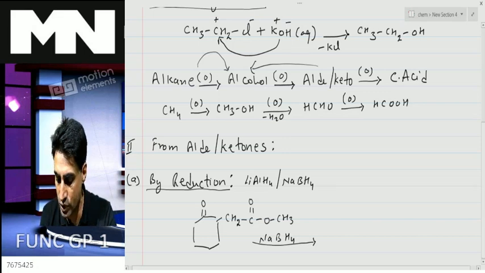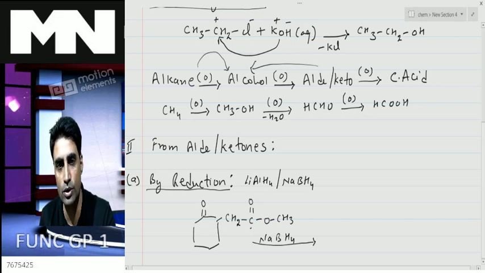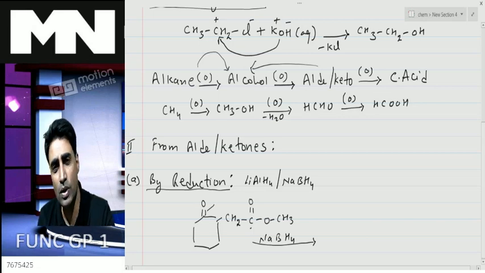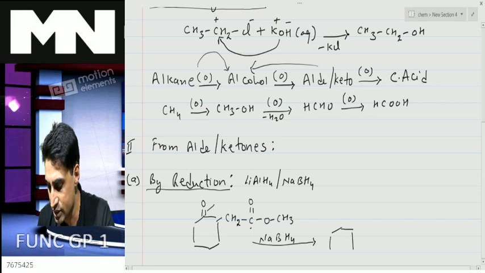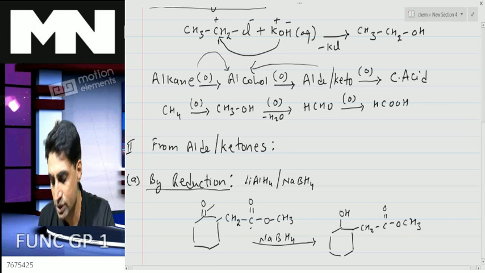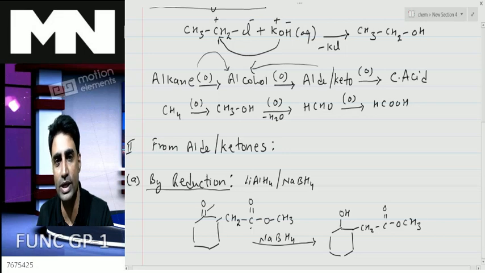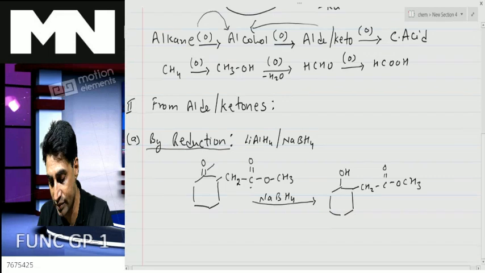So it is not going to reduce this group, which is a carbonyl group belonging to carboxylic acid derivatives, whereas the carbonyl group here belongs to ketone, so it will get reduced. As a result, I will get a compound like this, that is OH, CH2, CO, O, CH3. So selectively NaBH4 will reduce carbonyl groups belonging to aldehyde and ketone. It will not reduce carbonyl groups belonging to carboxylic acid or their derivatives.